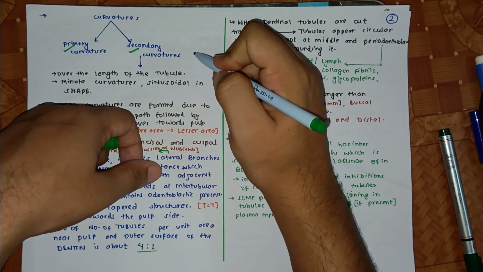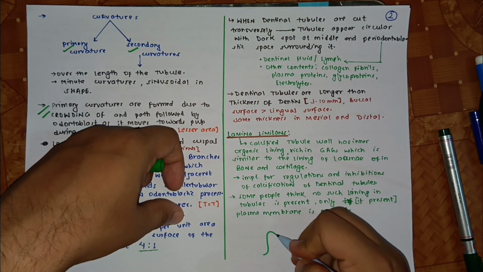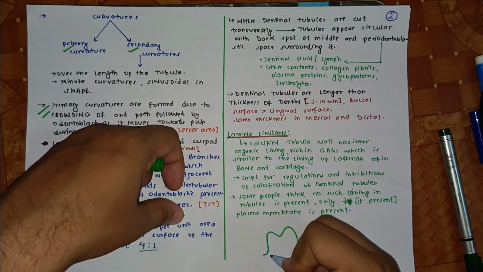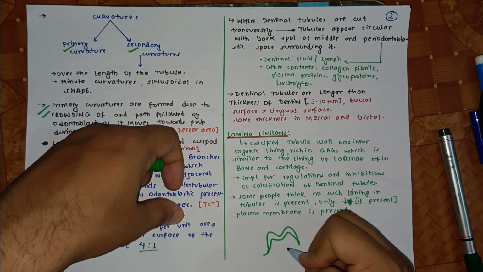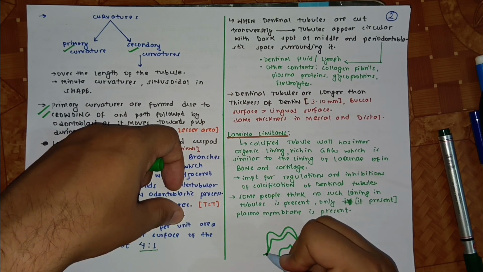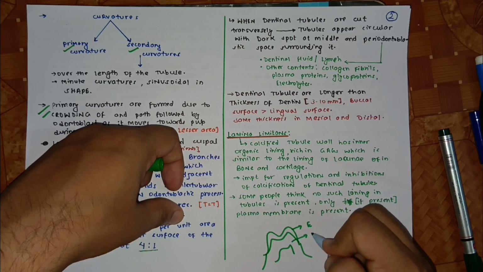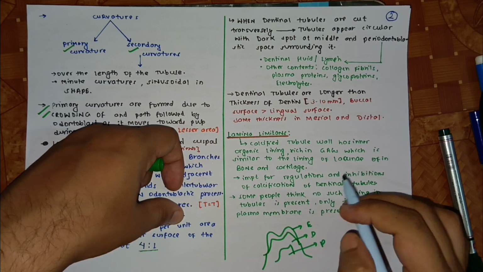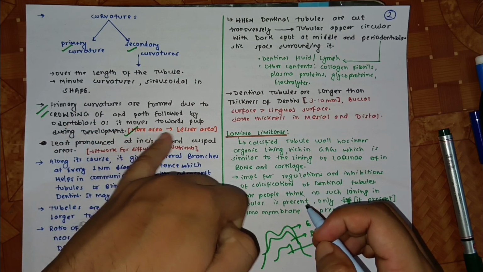What it means to say is, I will draw here, just think. This is a tooth, this is the dentino-enamel junction, below that there is dentin, and this is the pulp. This is enamel, this is dentin, and this is pulp. Now think, as I have written here, from more area to less area.